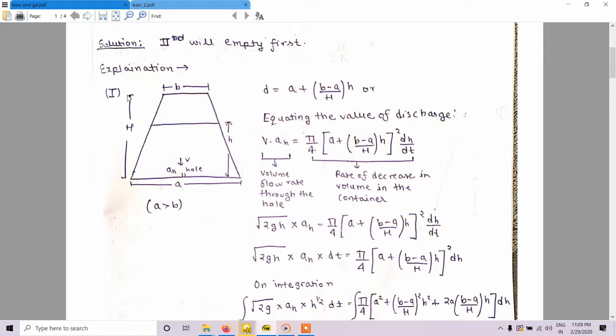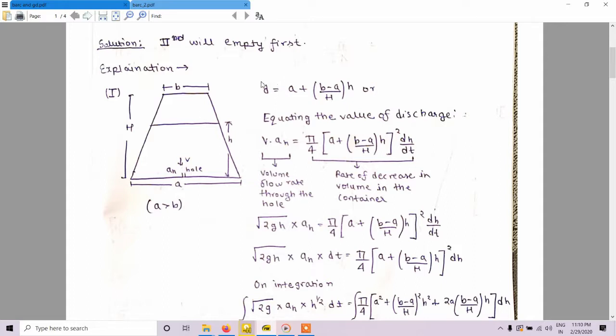We have taken capital H as the height of the container, small a as the diameter of the lower part of the container, and small b as the diameter of the upper part. At any particular time, we have taken the height of the liquid as small h, and Ah as the area of the hole.